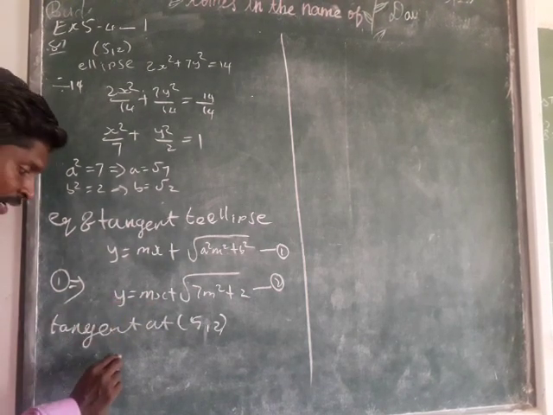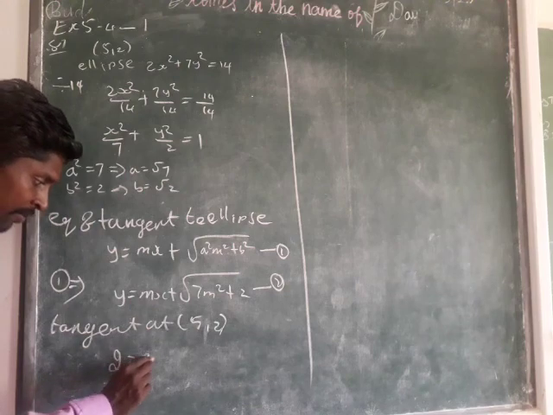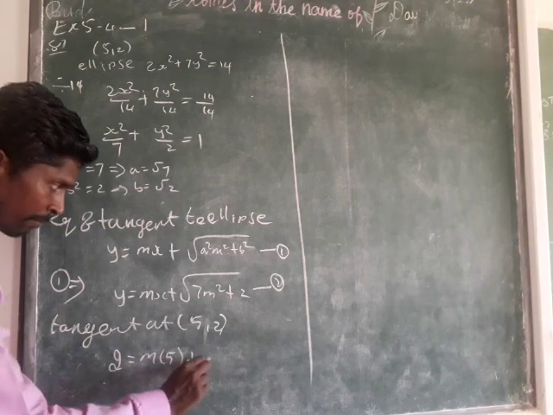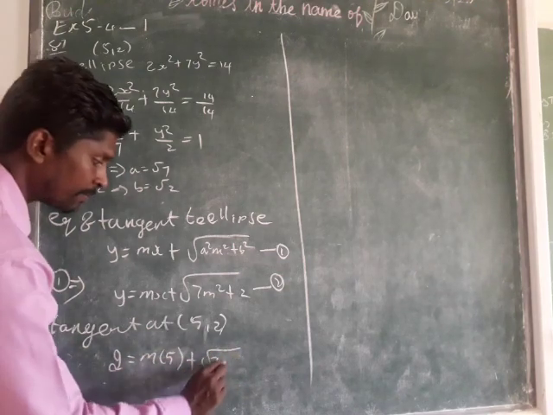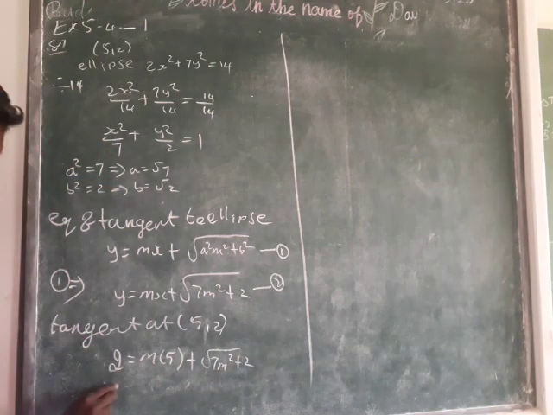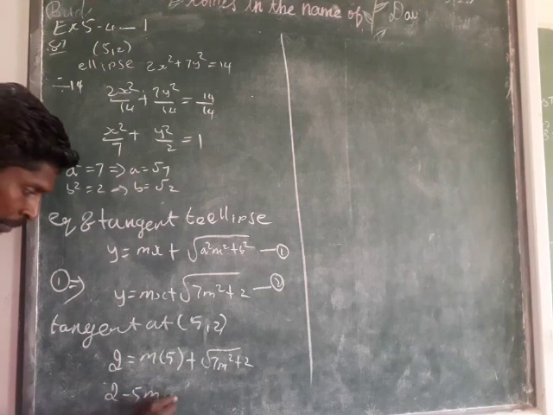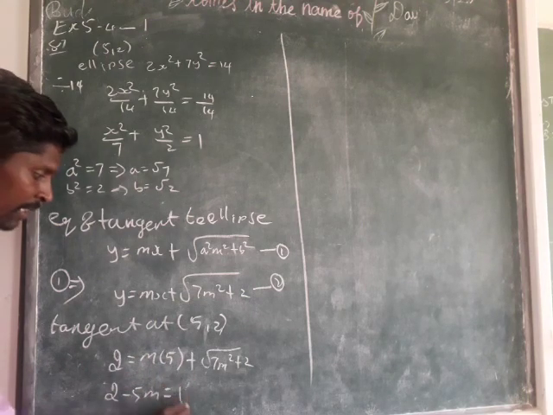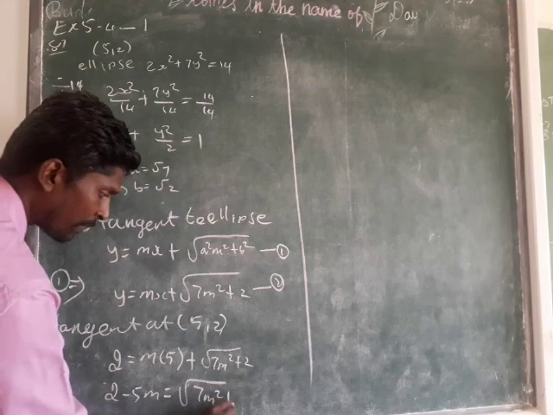So 2 equals 5m plus square root of 7m squared plus 2. Bring the 5m to the other side: 2 minus 5m equals square root of 7m squared plus 2.